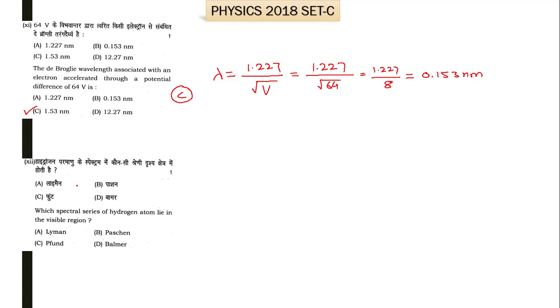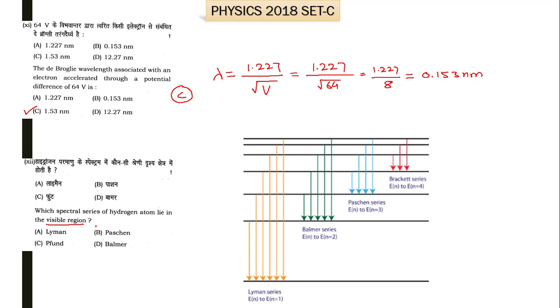Now moving towards the 12th part of question number 1. It says: which spectral line or series of hydrogen atom lie in the visible region? Lyman series, Paschen series, Pfund series and Balmer series. So it is asking about the visible region. Now let us see, this is the spectrum for hydrogen atom. There are different series. Lyman series is there, Balmer series is there, Paschen series is there, and Brackett series is there.